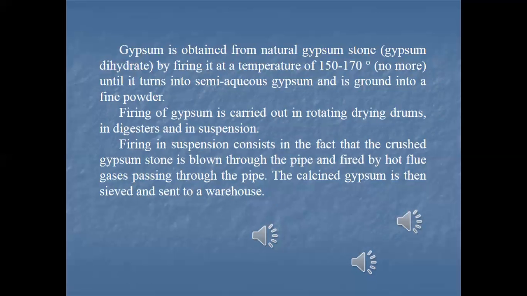Gypsum is obtained from natural gypsum stone, gypsum dihydrate, by firing it at a temperature of 150-170 degrees, no more, until it turns into semi-aqueous gypsum and is ground into a fine powder.